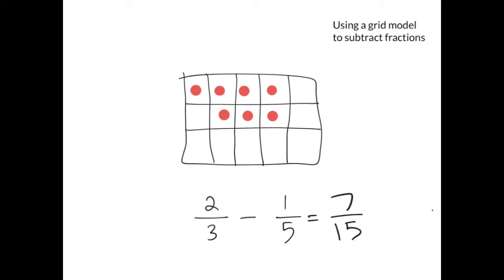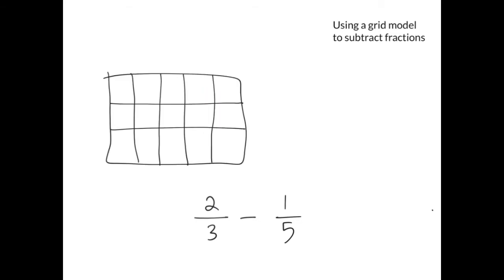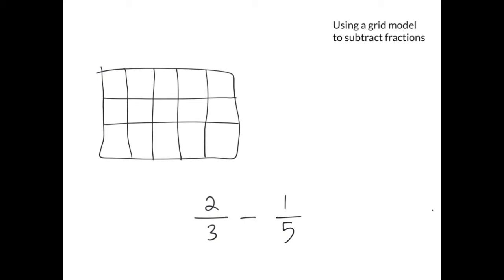Let's try another way to use this grid. We'll maintain the 15 square grid over here because we know that 3 times 5 would give us 15 squares. And let's fill out the 2 rows because it's 2 out of 3.